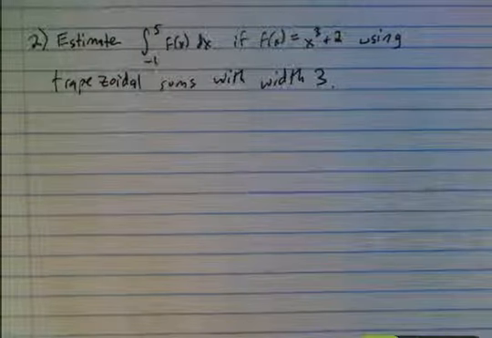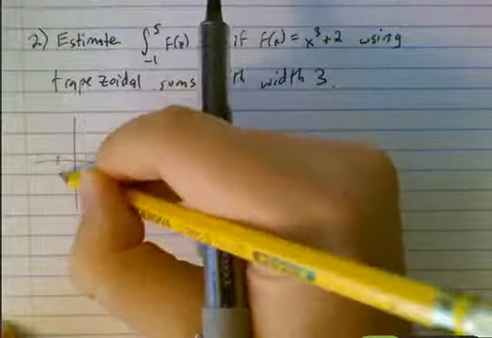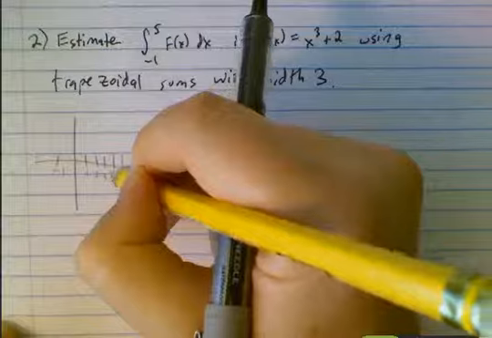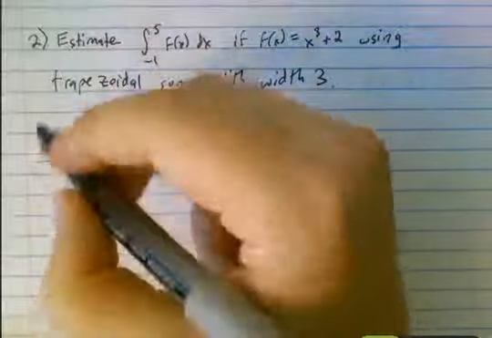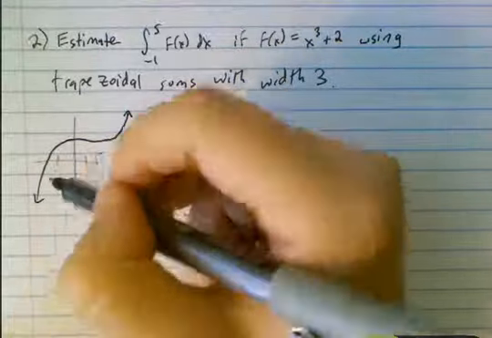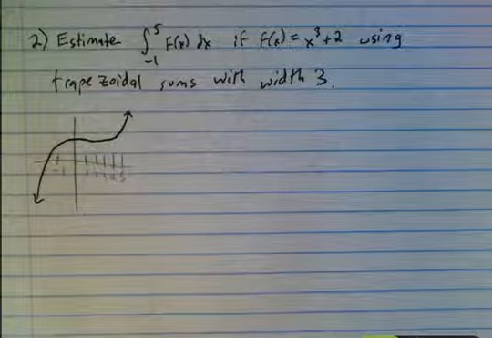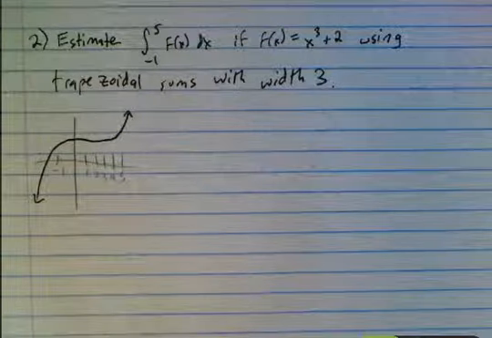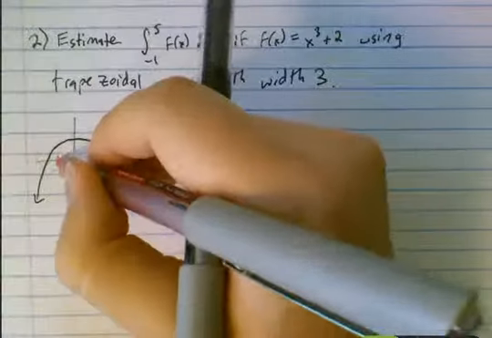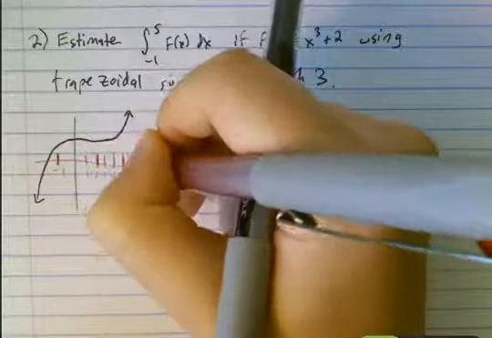Same diagram as we had before. Looks something like that. Go ahead, try this one on your own. Restart the video when you're ready. Okay, so we're doing trapezoids of width 3. So we're starting there. 1, 2, 3 takes us there. 1, 2, 3 takes us there.